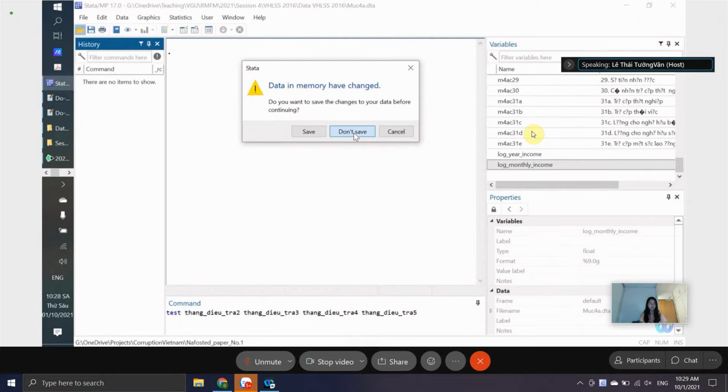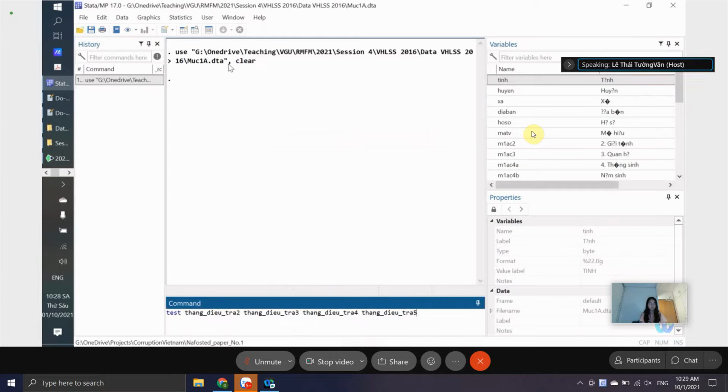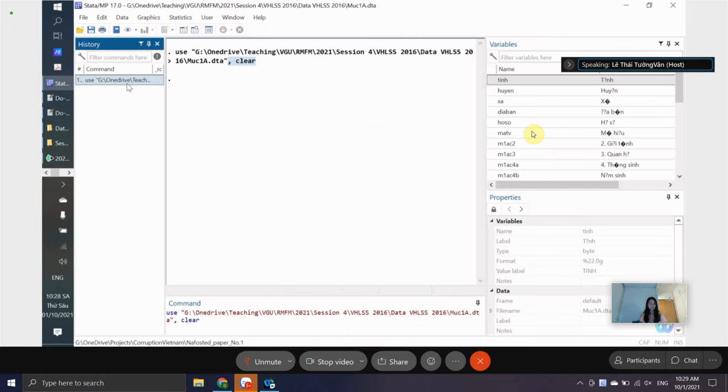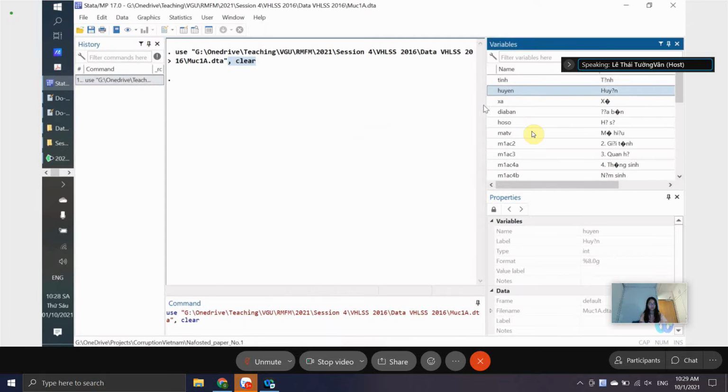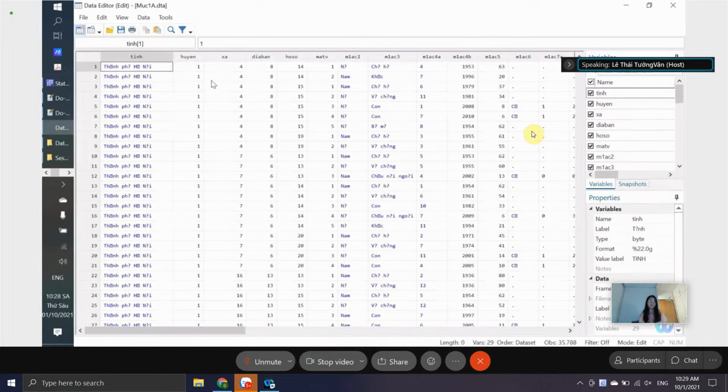If you choose don't save, it will put the clear option at the end of the command. So the first thing we do is we load the data into our memory. You open the data editor. Now, can you all please check if you are on the same page with me. Please check, open the data editor.